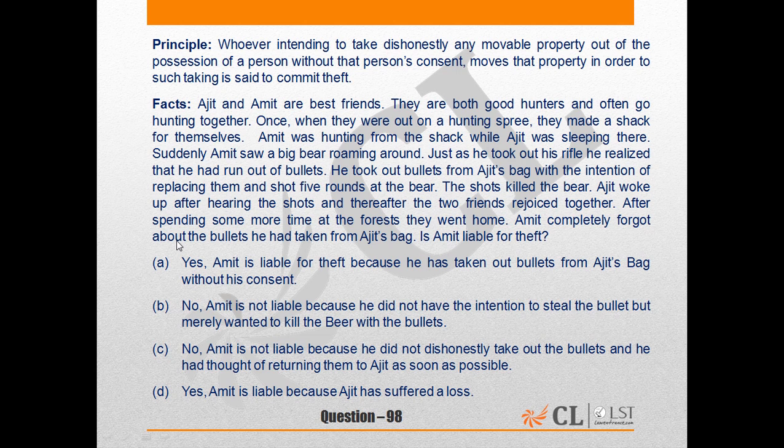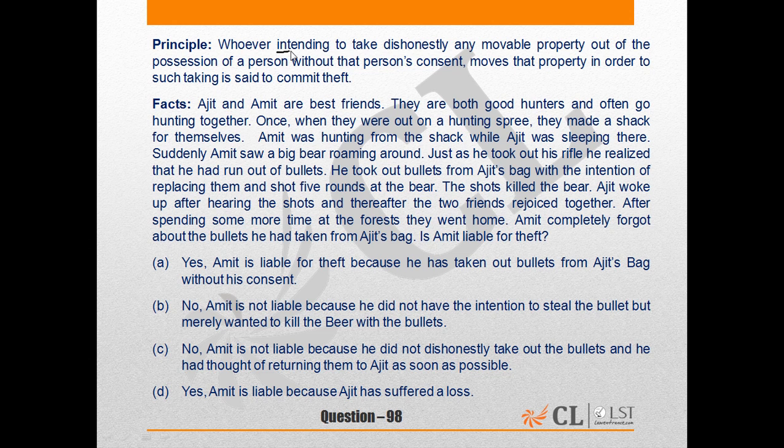When we read the principle, we can see that it says whoever intending to take dishonestly any movable property out of the possession of a person without that person's consent moves that property in order to such taking is said to commit theft. So let's break down this principle.